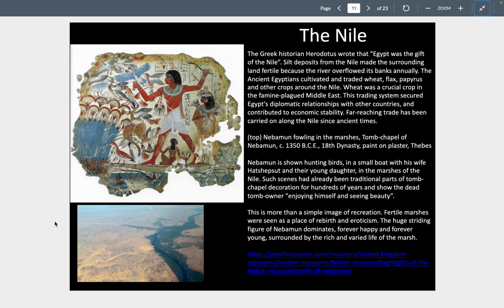Nebamun is shown hunting birds in a small boat with his wife, Hatshepsut, who will become the queen and a pharaoh herself. Their young daughter is in the marshes of the Nile, and these scenes are part of traditional tomb chapel decorations that show the dead tomb owner enjoying themselves, seeing beauty in this afterlife.